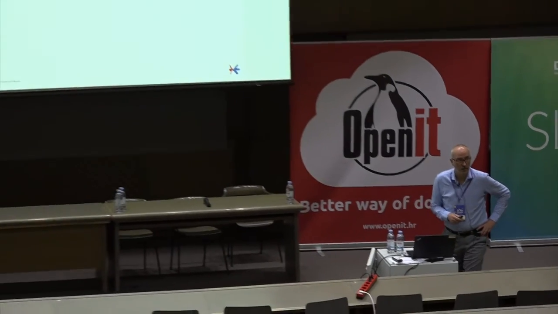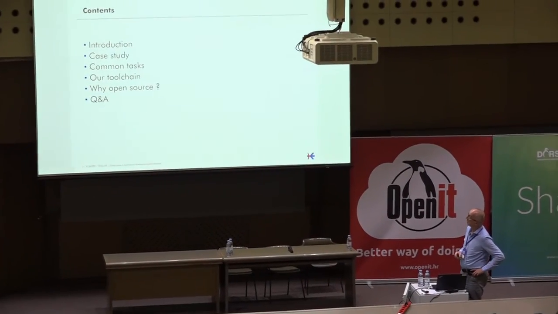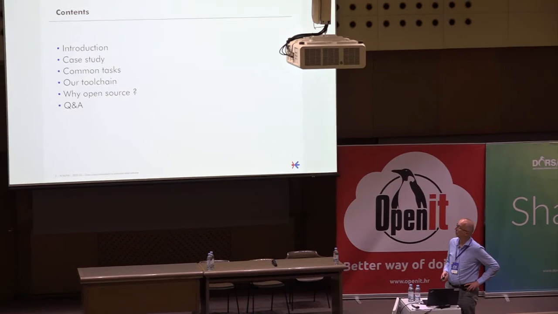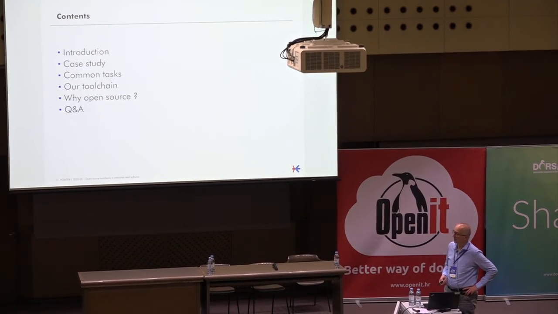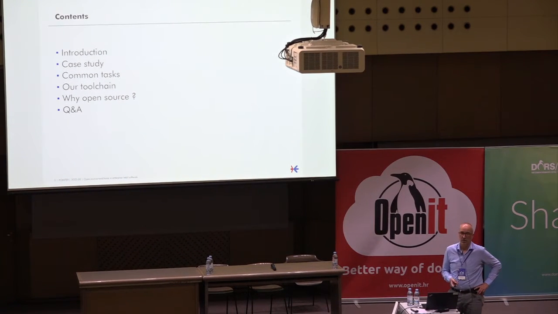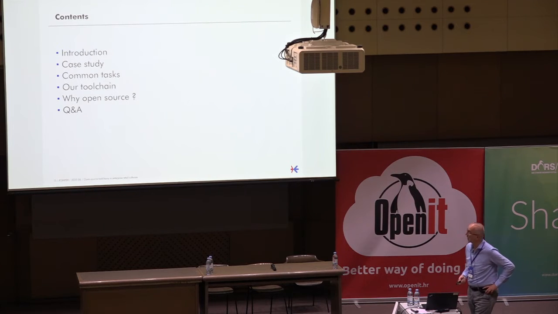Just a brief overview of the agenda. Obviously, we will do some form of introduction. I wish to present a case study that I believe is worth presenting and will indicate some of the things that we considered when developing this particular piece of software, some common tasks that typically appear in enterprise retail business-oriented applications.